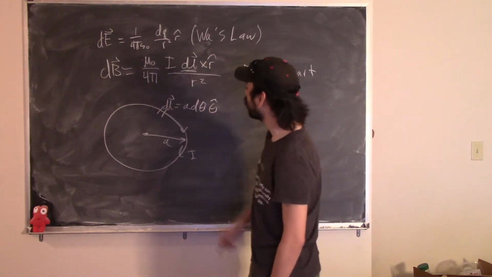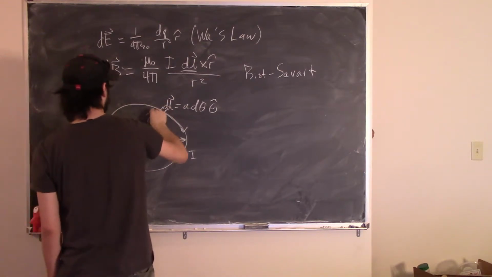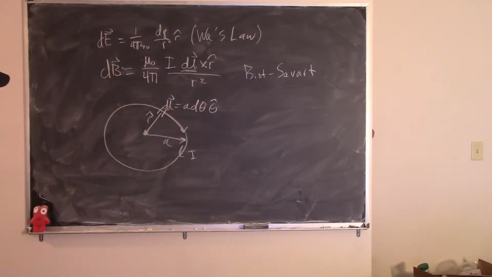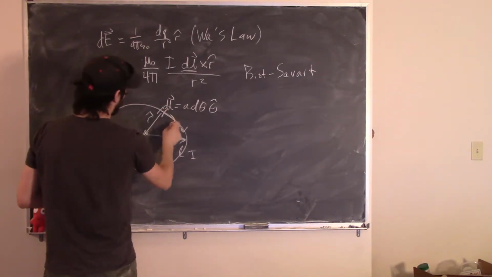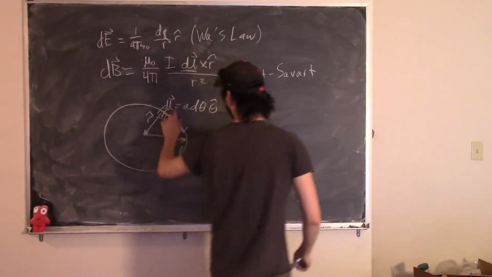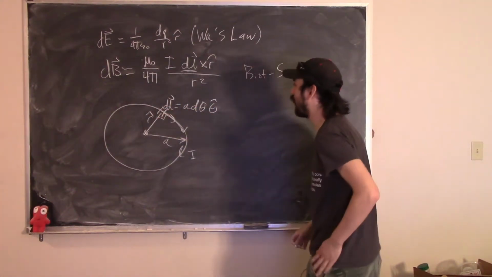Now r hat by definition always points from the infinitesimal element that we have to the point where I'm trying to observe the field. So this is going to be pointing in like this. If I look at the angle between dl and r hat, everywhere on this arc of the circle it's just 90 degrees.